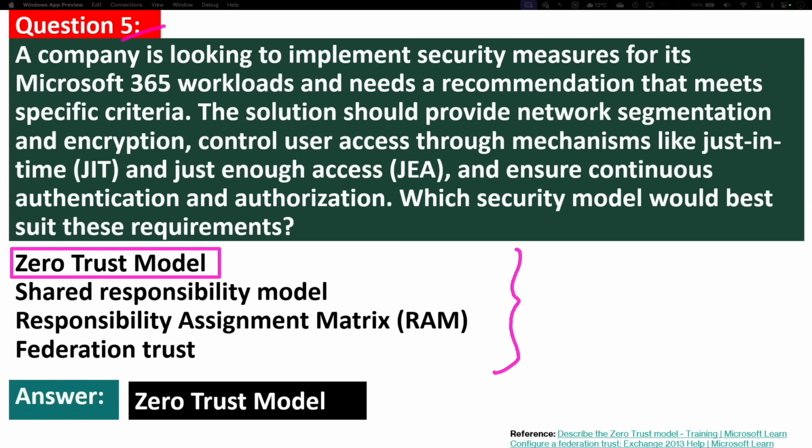The zero trust model is a security framework that operates on the principle of never trust, always verify. This means that no one, whether inside or outside the organization, is trusted by default. Every user and device must be verified before being granted access to the organization's resources.